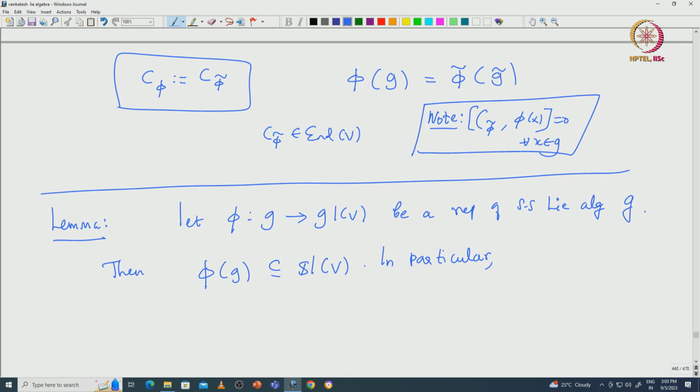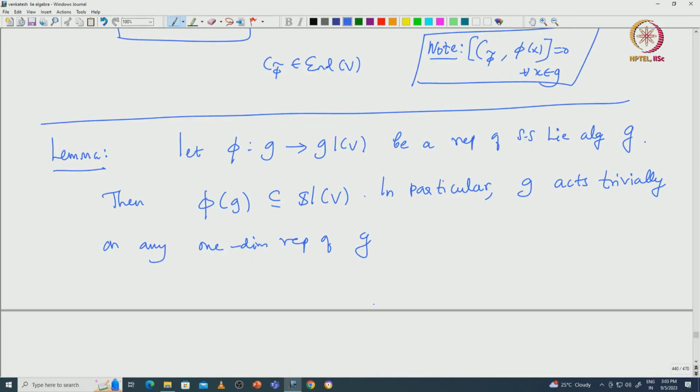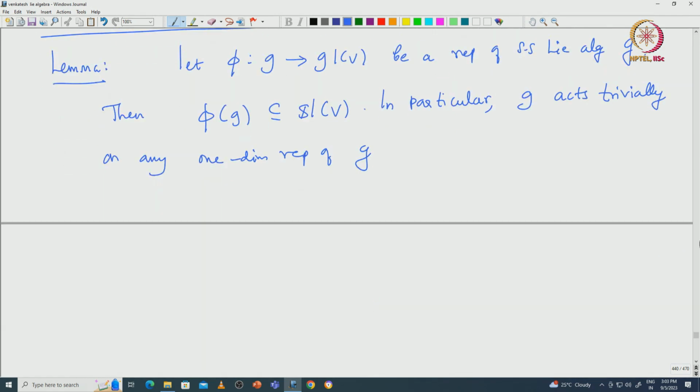So, in particular G acts trivially on any one dimensional representation of G. How does one prove this?